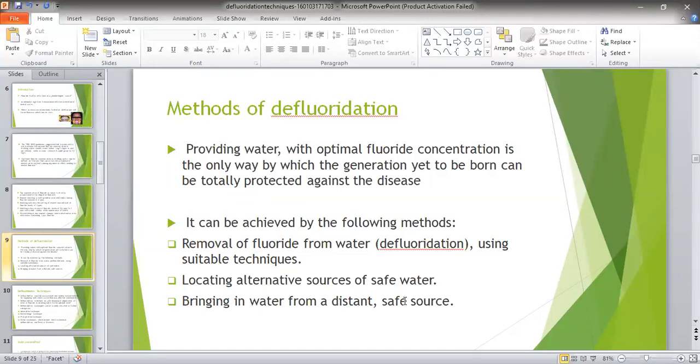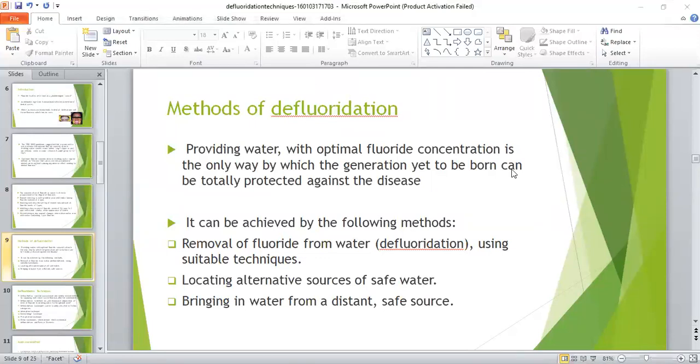It can be achieved by the following methods. Removal of fluoride. As I told you, defluoridation is basically bringing the level of fluoride in the water to optimum level. If the excessive amount of fluoride is present in the water, then there is a need to defluoridate the water of that area.